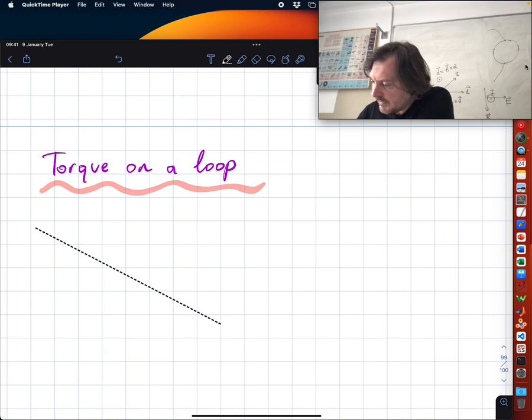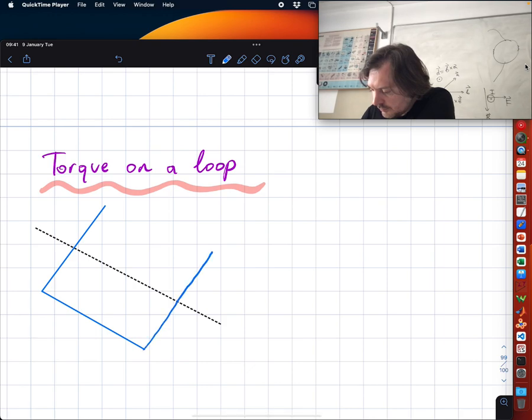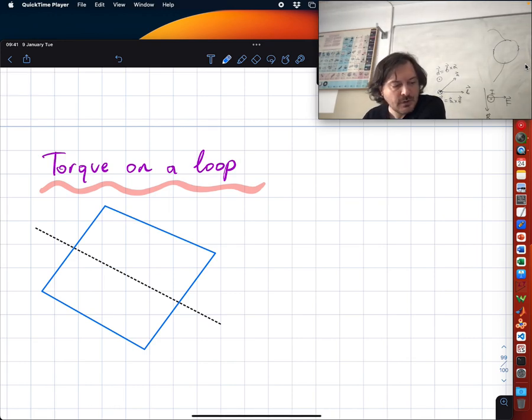And on top of this axis, there is a loop. Okay. This loop has an angle of theta with this plane.